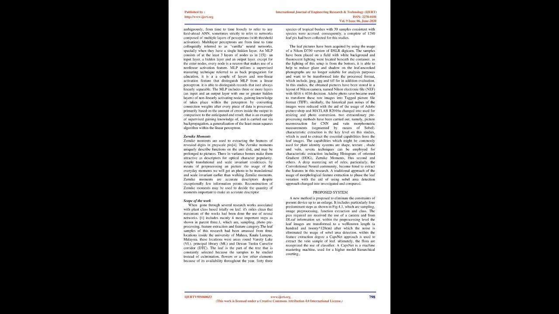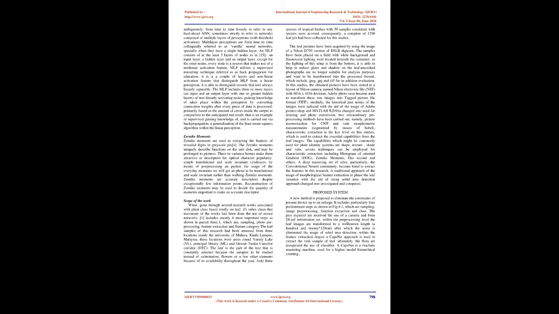MLP utilizes a supervised learning technique called backpropagation for training. It is the multiple layers and nonlinear activation function that distinguish MLP from a linear perceptron. It can distinguish data that is not linearly separable. The MLP consists of three or more layers, an input and an output layer with one or more hidden layers, of nonlinearly activating nodes.